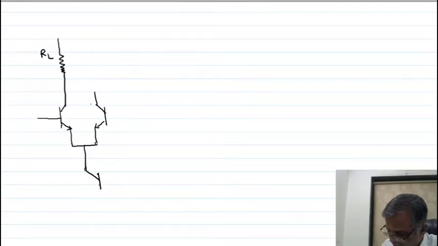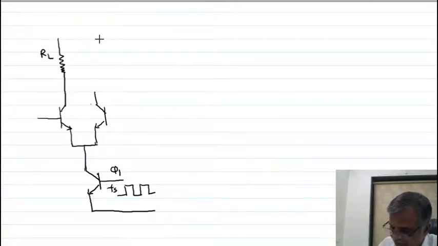Here is one transistor I am showing you. Here I am giving the input signal Vs with respect to the base of another transistor. Both emitters are coupled.